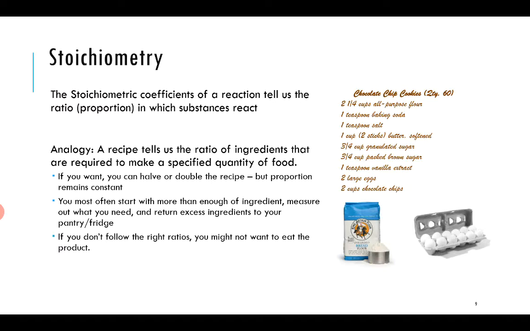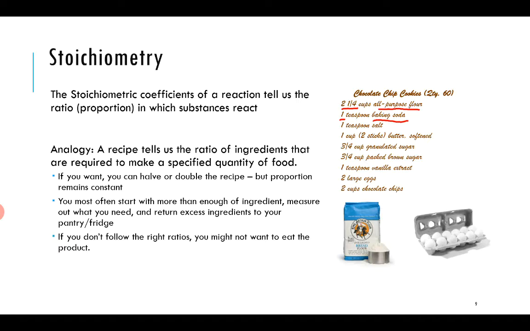That's similar to in a recipe when you're cooking. Those values in front of formulas tell you how much you need proportionately. So if you want your recipe to taste good, you have to mix things together in that right ratio.